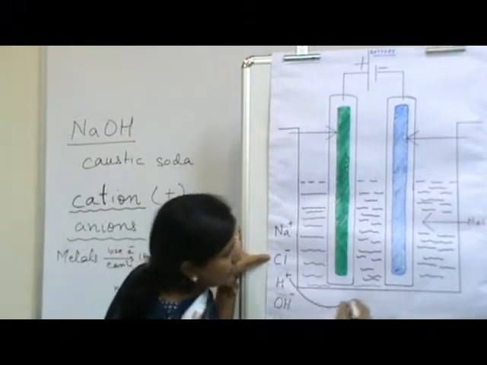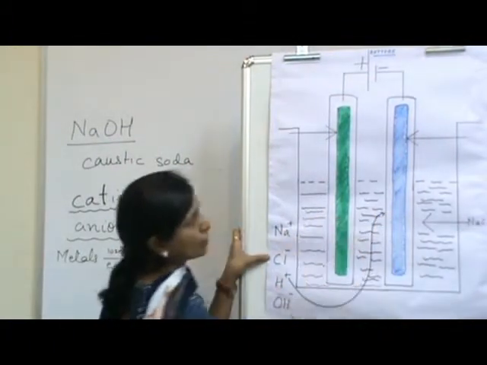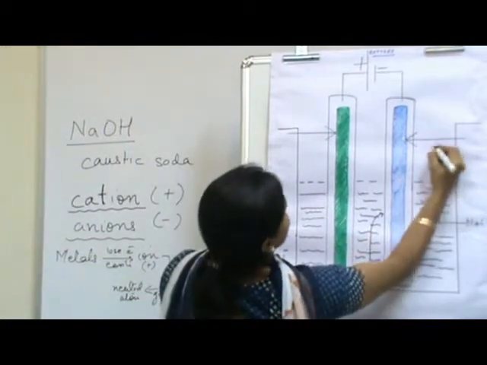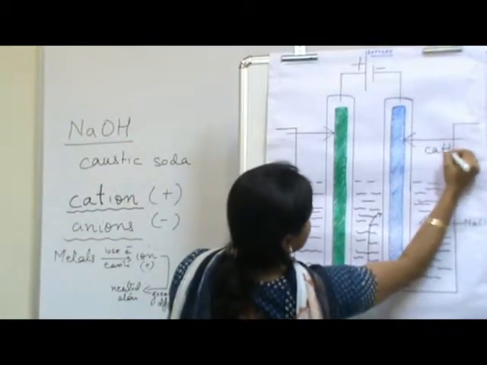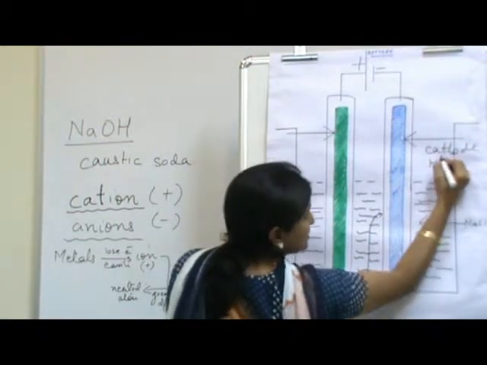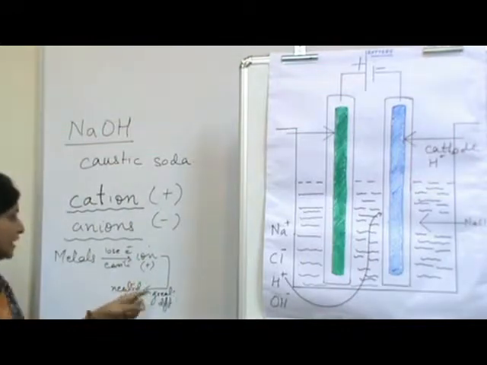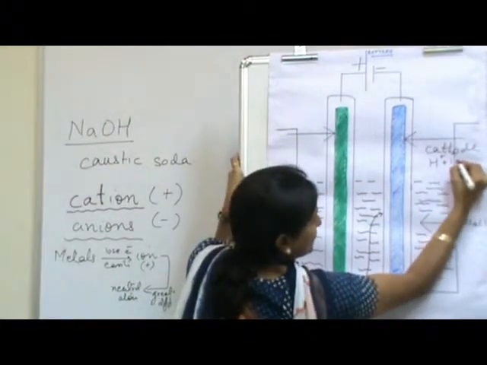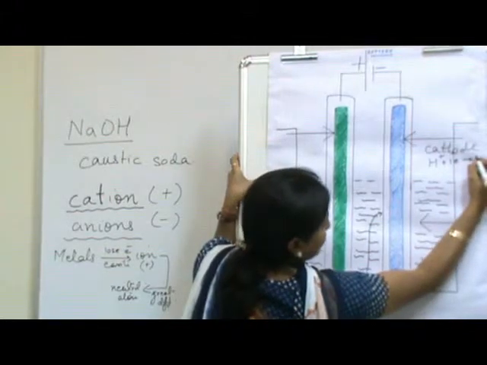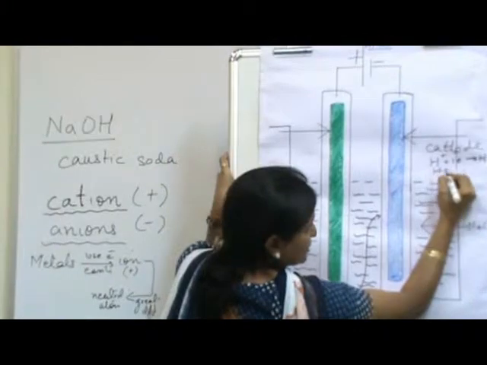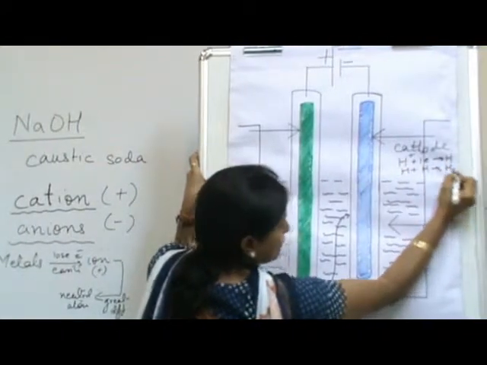So I transfer hydrogen to the negative electrode. On reaching this negative electrode, which is called cathode, hydrogen, which is H plus, will gain electron. So plus 1 electron and it becomes H. Now H combines with H and forms H2.